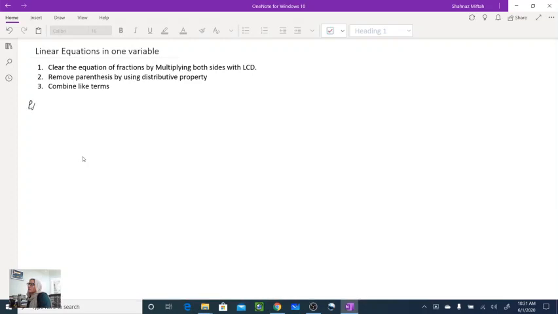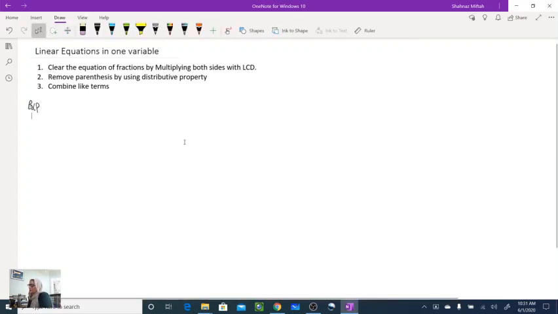So I'm going to find an example here first. Example number 1 is solve for y, and I will write my questions in red.